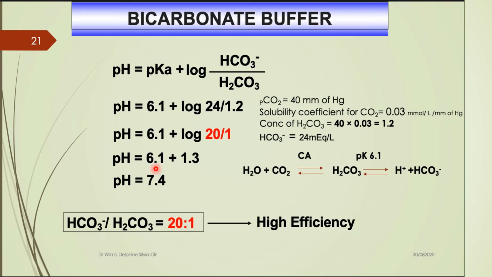Hence, it is considered as an important buffer system in the body fluid. And also, the other aspect is it is handled by two systems, that is renal system and the respiratory system. Bicarbonate is handled by the renal system and the carbonic acid by the respiratory system. So let us see how these two systems are independently regulating the bicarbonate buffer system.